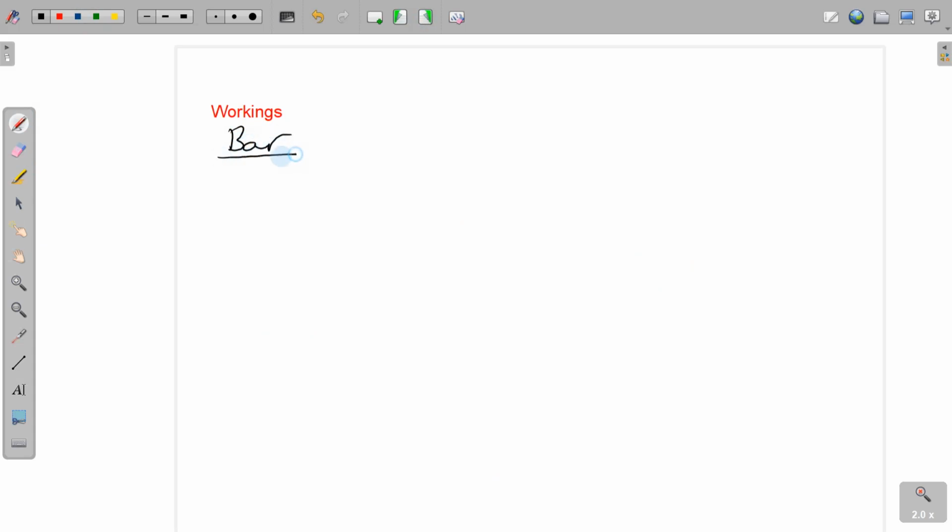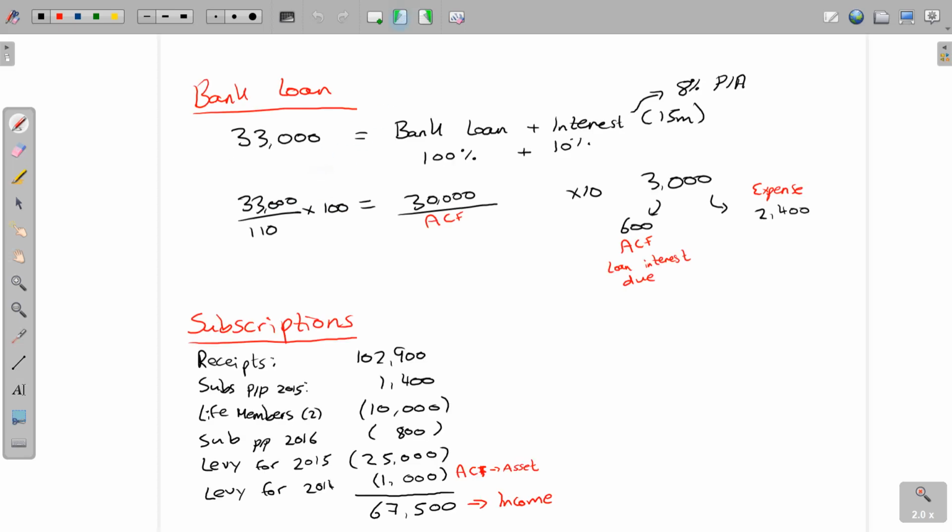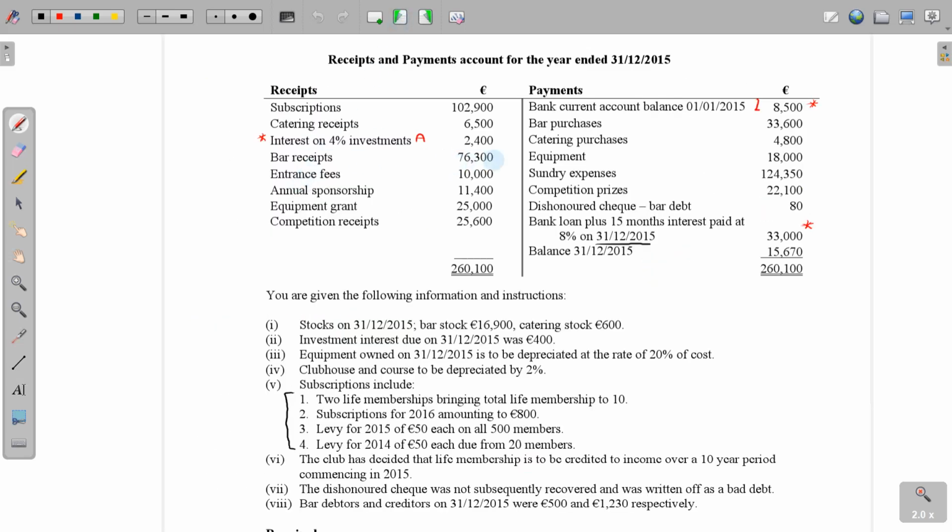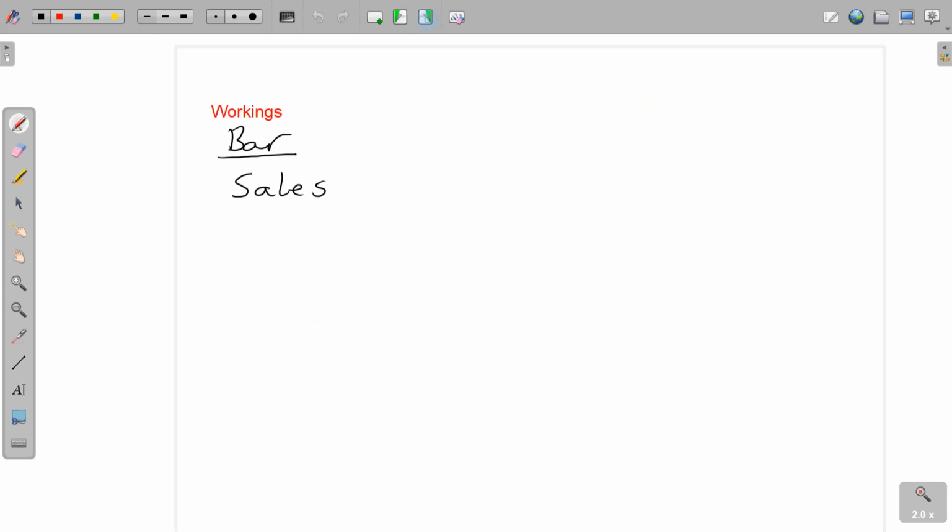So bar. Okay. The first thing we want to look at is, we'll just do it as if it's a small P&L. So we know there's going to be sales. So we have bar sales, 76,300. We have bar purchases. And we also have stock as well. So sales, less cost of goods sold.